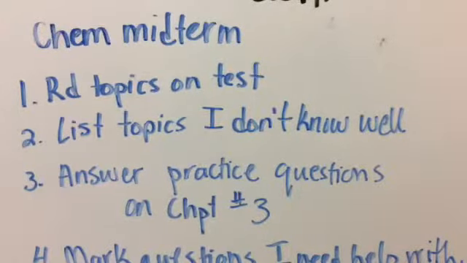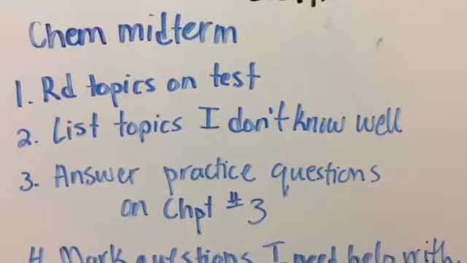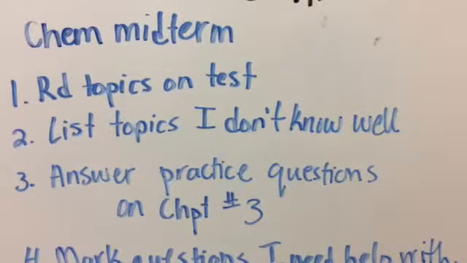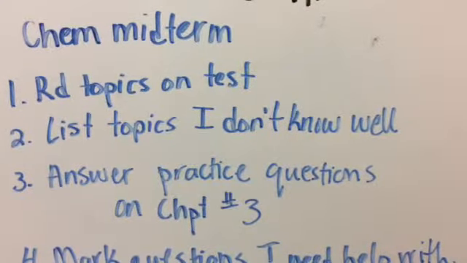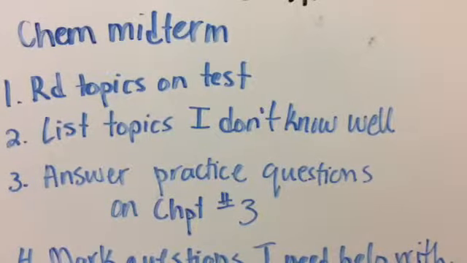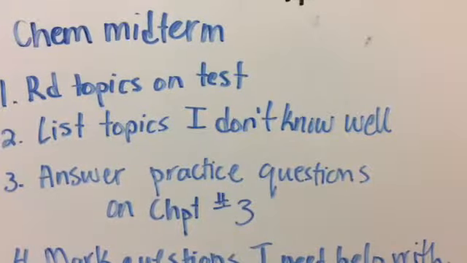So notice for my chem midterm, I just started writing a list of action steps that I need to take to break down this big task. So first thing I want to do, I just start with going through what I need to do. First thing I got to do, read the topics on the test to know what's going to be tested. Okay? Then I'm going to list topics that I don't know well right off the bat.